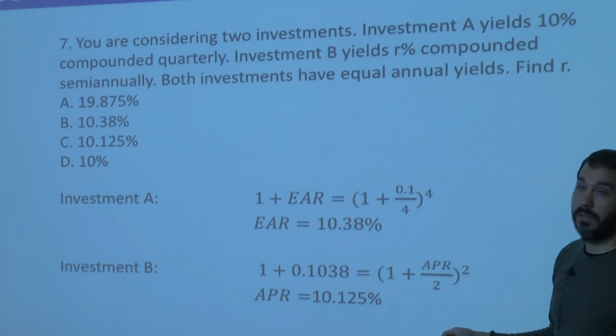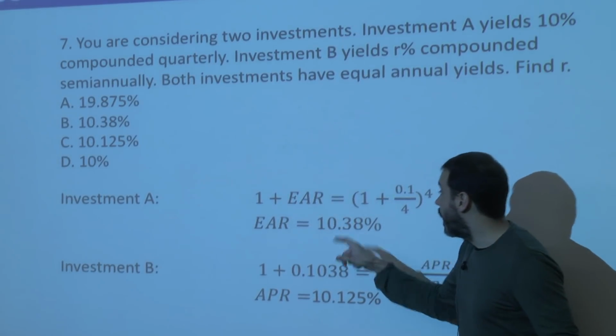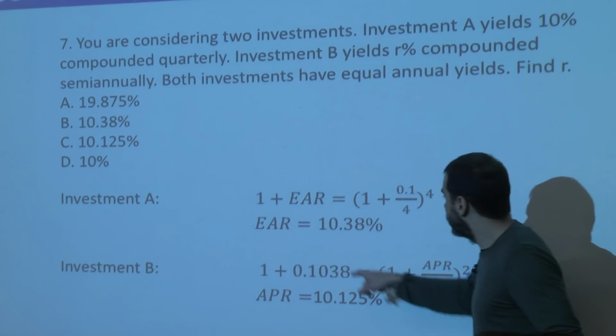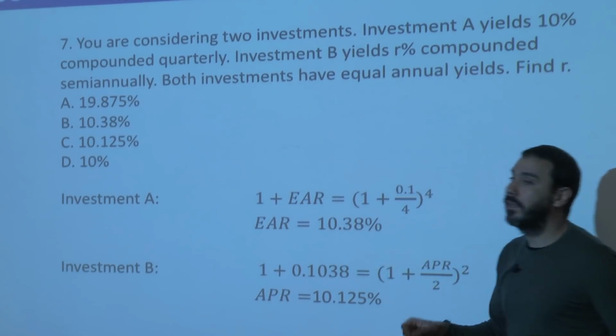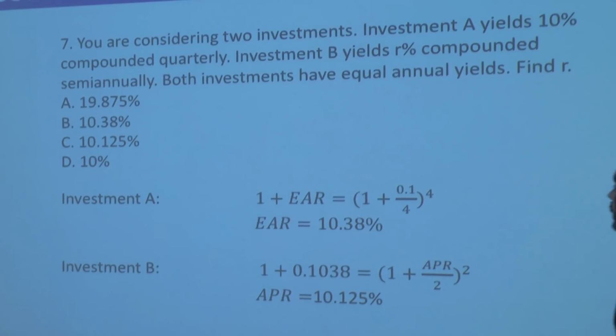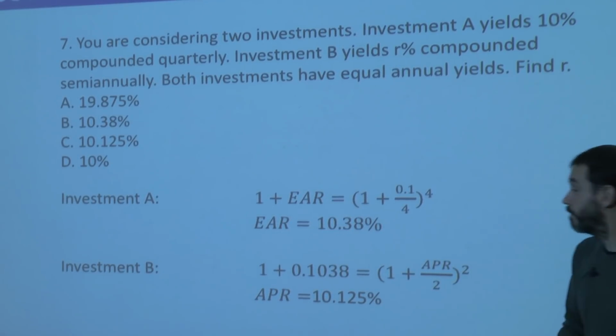You would see the same return, $10.38 for each $100 you deposited in each account. So the answer is C, right? The answer is C. Yeah.